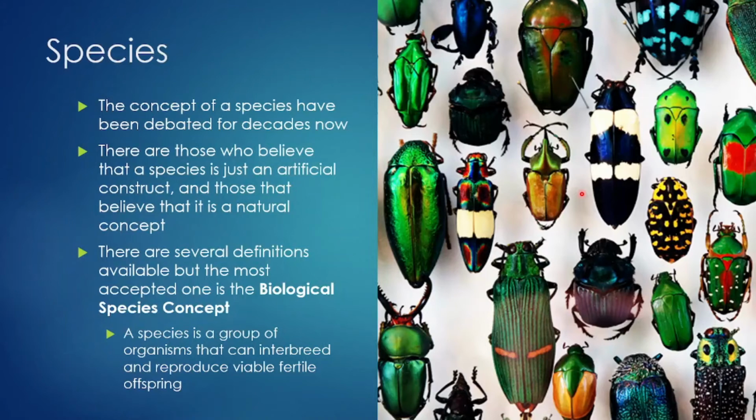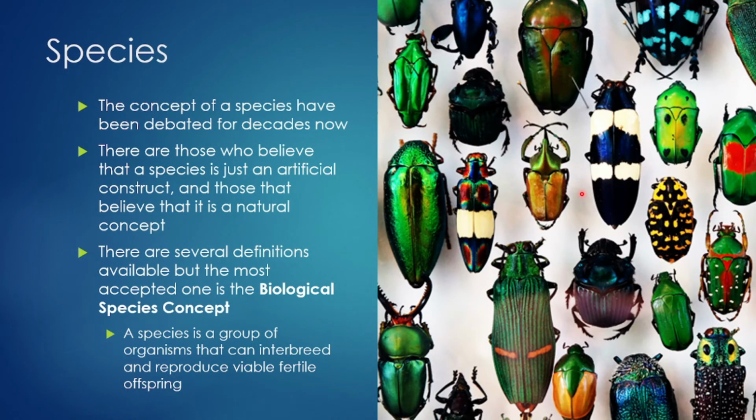So the species concept has been debated for decades now, and up until now it's still being debated. There are those that believe that a species is just an artificial construct, so it's just like making sense of everything in nature. And there are those that believe that species is a natural concept, so it is not a man-made concept.